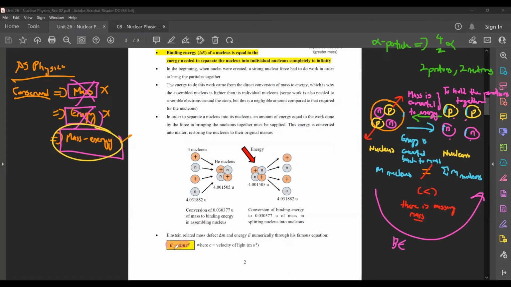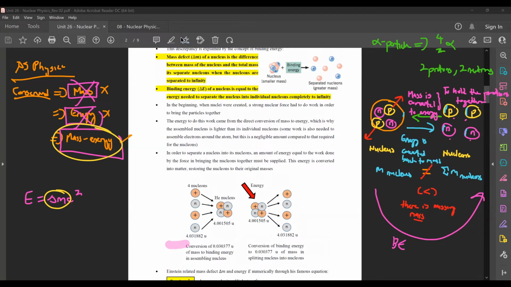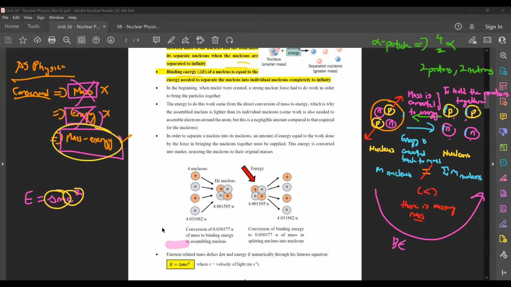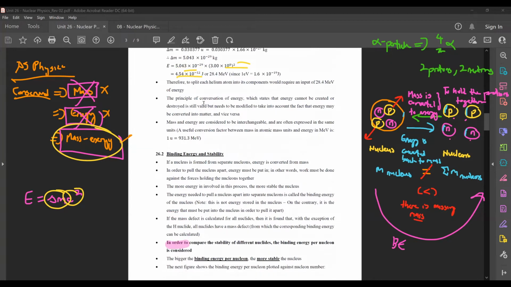So when you want to find out binding energy, you use this equation, where delta m is the difference in mass between your nucleus and nucleons. This is already defined here. And c is the speed of light, which you have to square. Okay, so binding energy was defined as that.